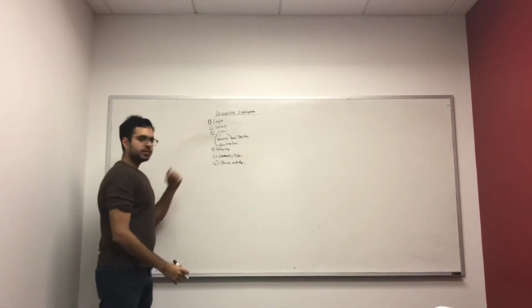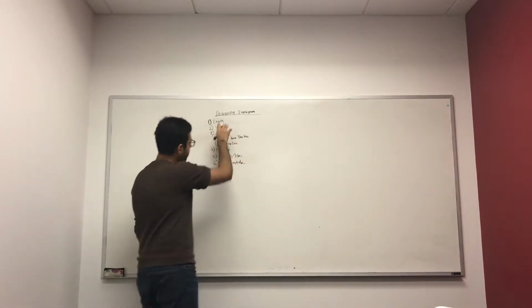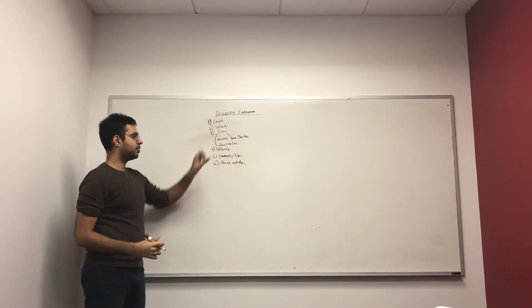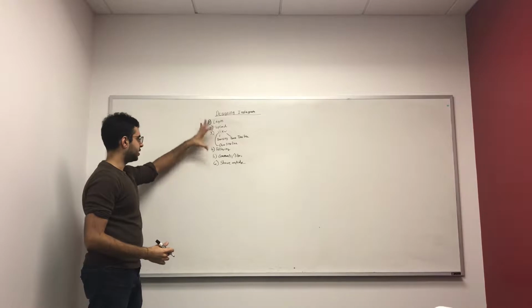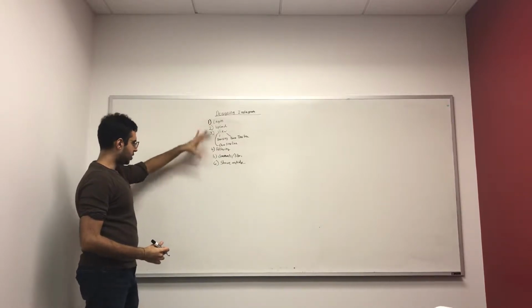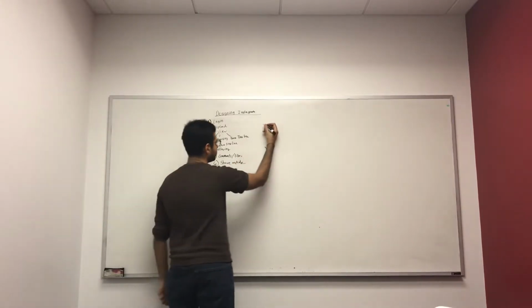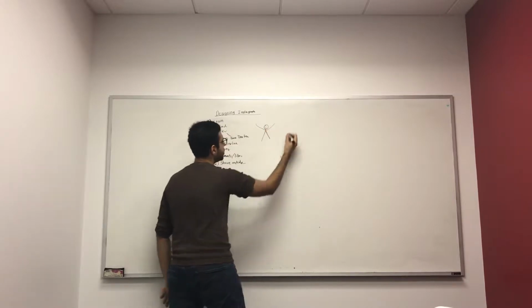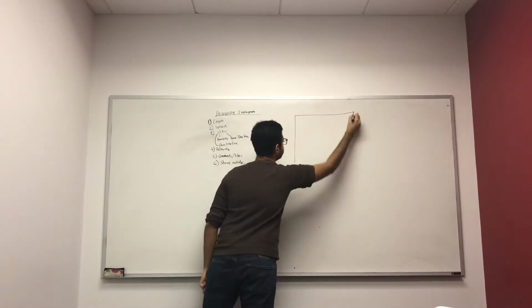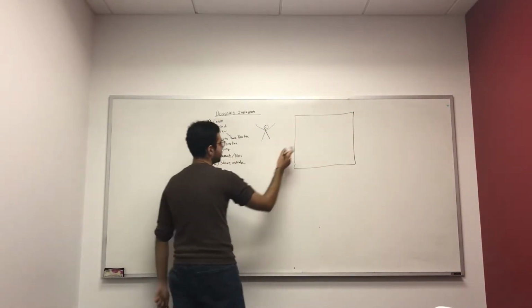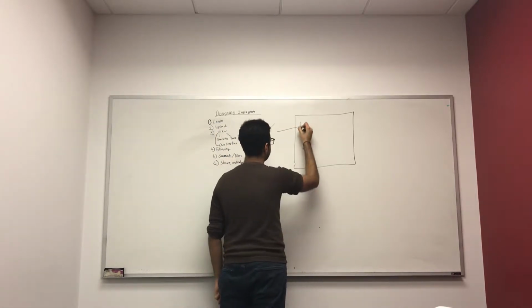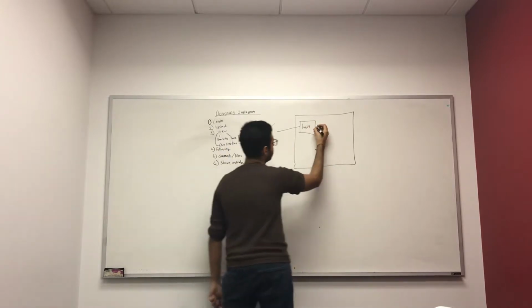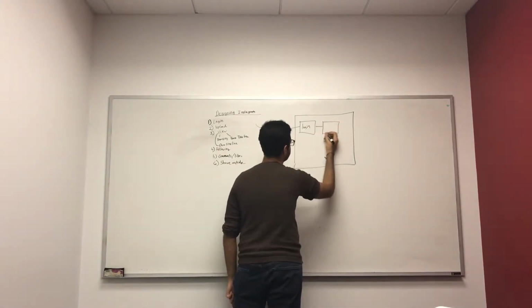So let's get started. Let's think about how we can model our system. So we have users. This is a user. This is our system. The user first interacts with the login use case. Once logged in, the user can upload.